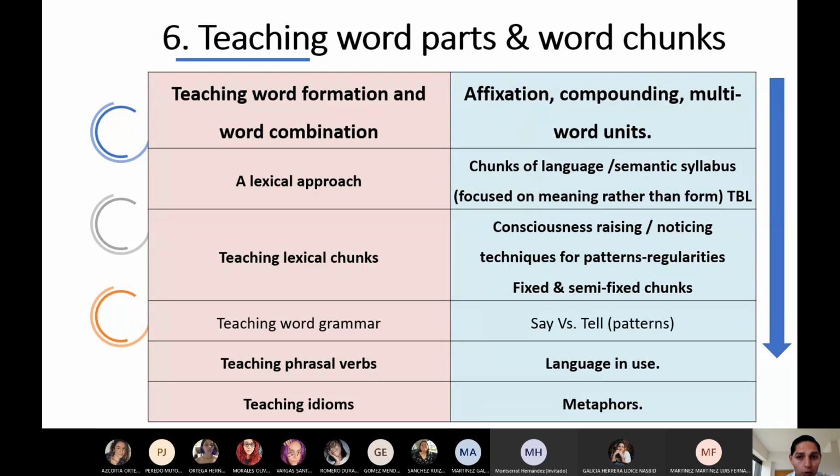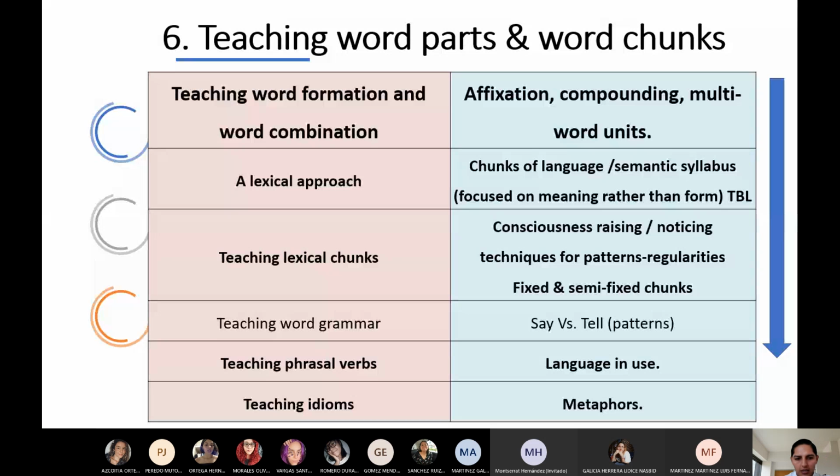A lexical approach, chunks of language, semantic syllables, where everything is planned for vocabulary, functions, meaning, focus on meaning rather than form. An example of this could be task-based learning.